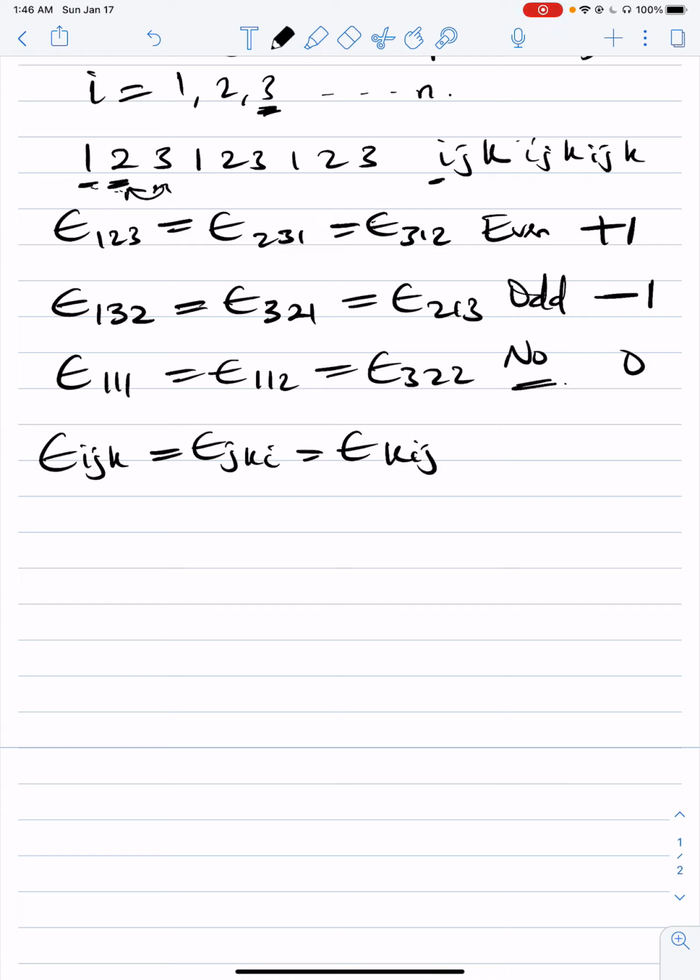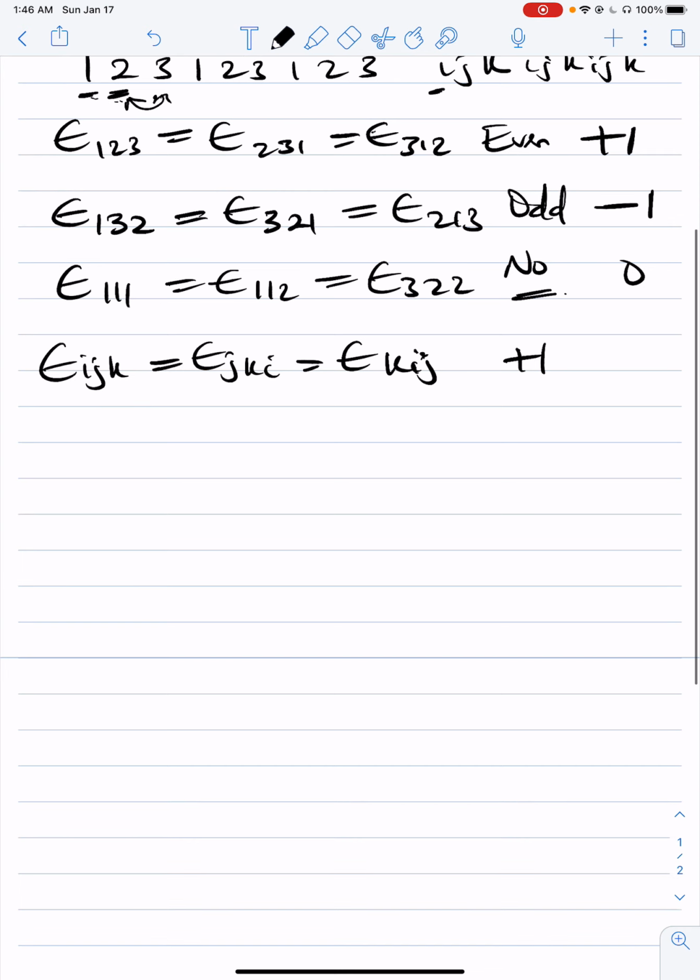Basically all these have a permutation value of +1 and they are equal to each other. Now, how can an even permutation be equal to an odd permutation? That will only happen if we flip the sign. For instance, the permutation kij can be equal to the negative of permutation jik.